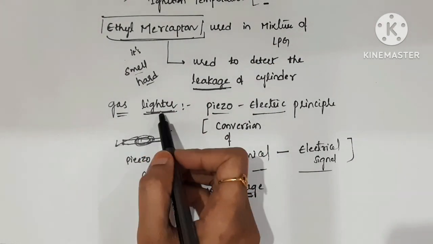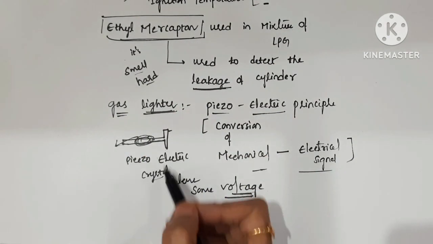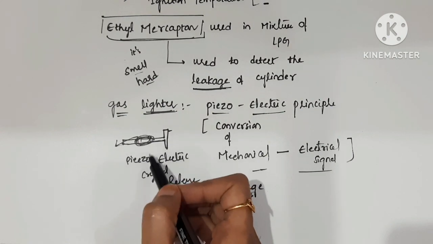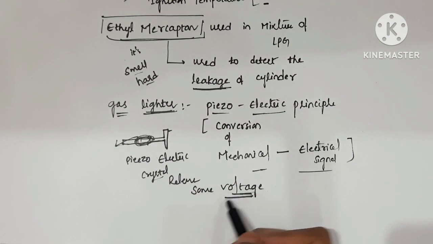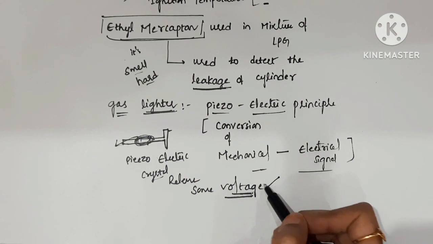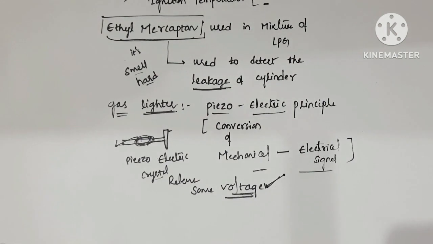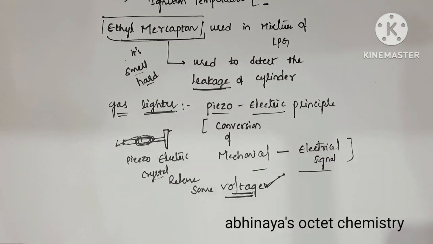And in gas lighters, a piezoelectric crystal is placed inside, and this crystal releases some voltage. This voltage is used to start burning the LPG gas. This is the chemistry behind gas cylinders. Thank you for watching.